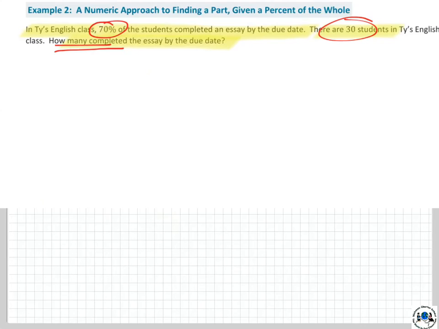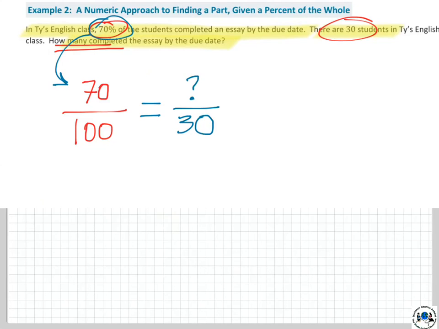Okay, so the way I looked at it was this: 70 over 100 is the same as 70%. So I'm going to represent 70% as 70 over 100, or 70 out of 100, and that is going to be equal to a question mark, which is my unknown, over 30.